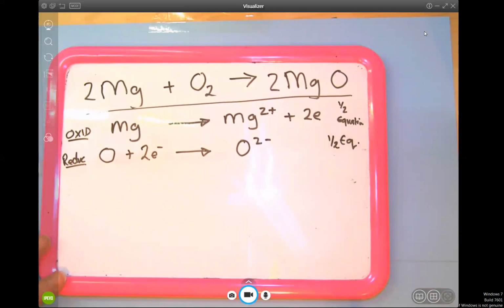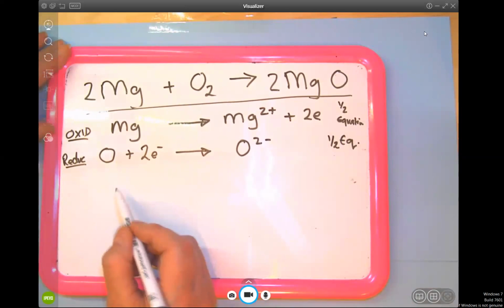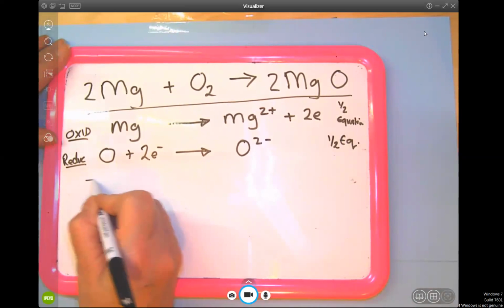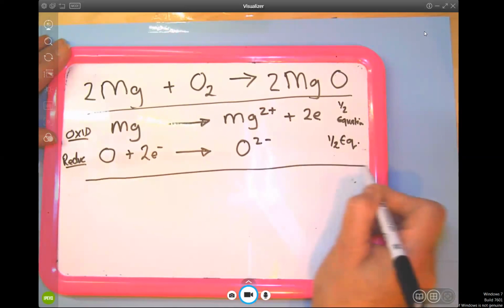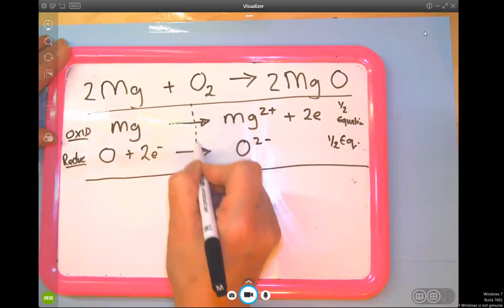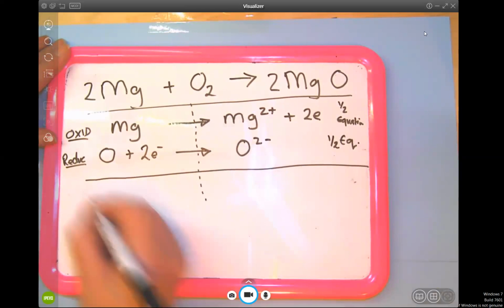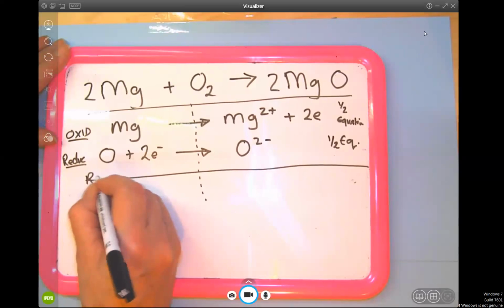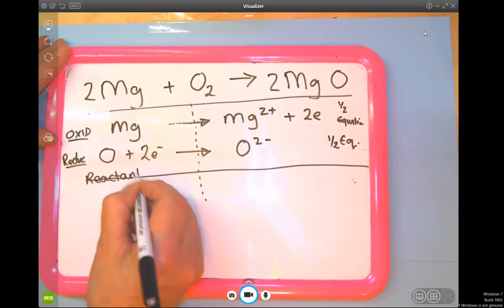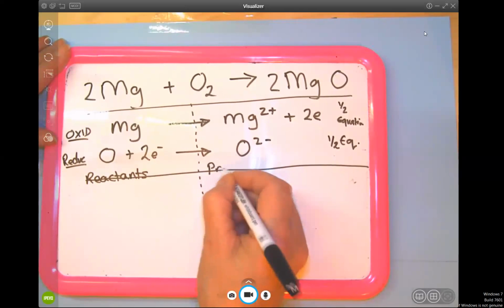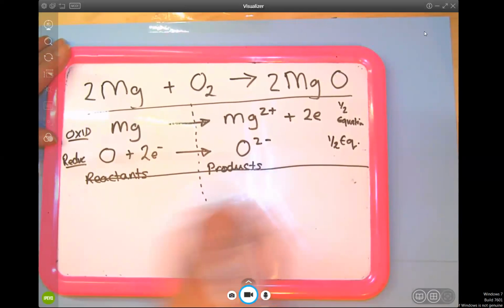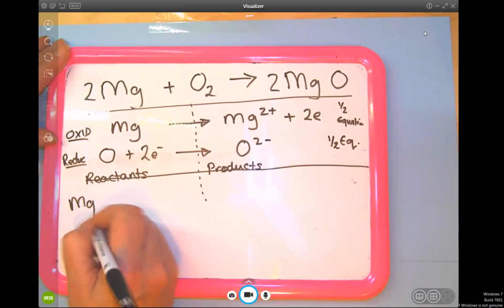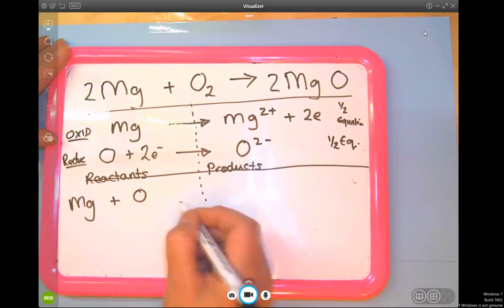They include electrons. Okay, so now I'm introducing the concept of just using ions. So we can show this as ions. So what I can do is I can split my reaction in half, and on this side I'm only going to put my reactants, and on this side I'm only going to put my products. So I reacted magnesium with oxygen.